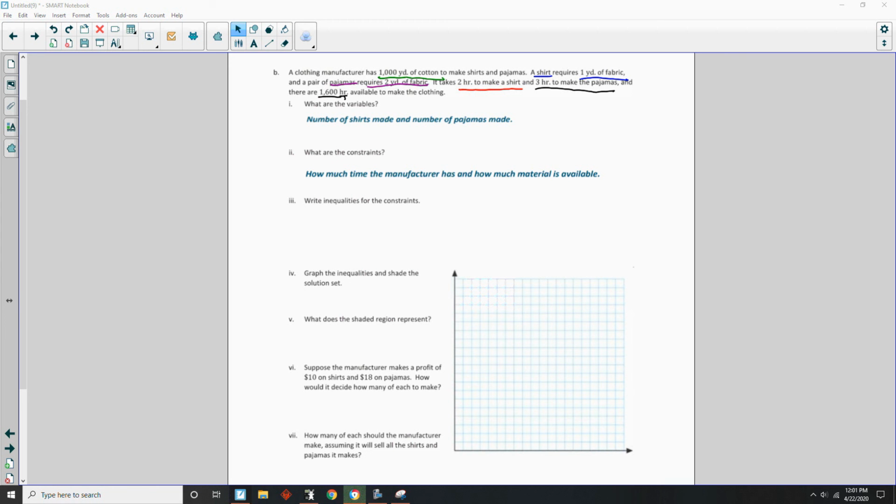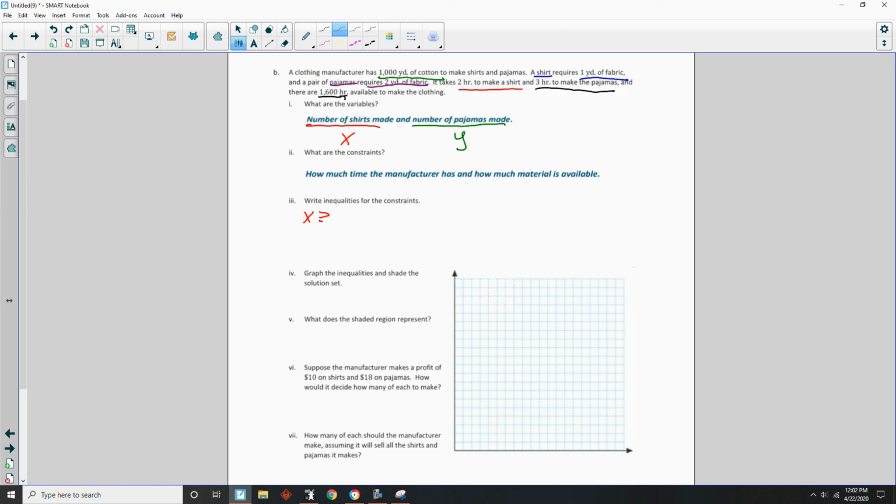Okay, so let's get back to naming these variables. Number of shirts made, let's just call that X. So the number of shirts is X, and the number of pajamas is Y. Write inequalities. With respect to shirts, we can make no shirts, or we could make positive numbers, but we can't make negative numbers of shirts.